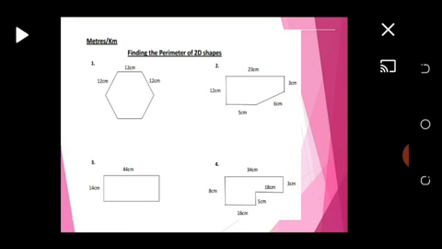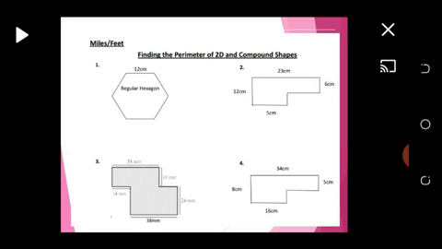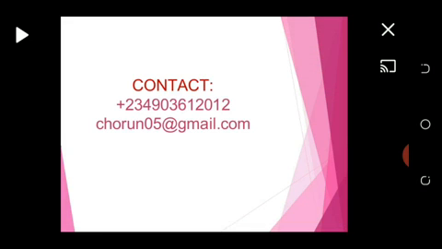Then this one, your answer will be in meter slash kilometer. Find the parameter of this in meter slash kilometer. Up to this point, your answer will be in meter slash kilometer. Then this one, your answer will be in miles slash feet. Find the parameter of 2D and compound shapes. Your answer will be in miles slash feet.